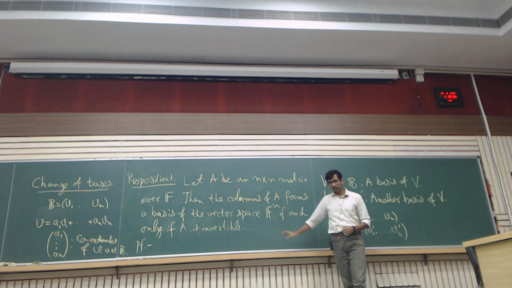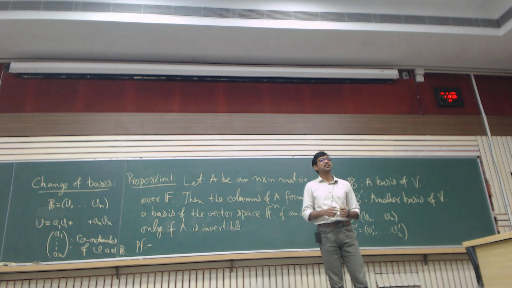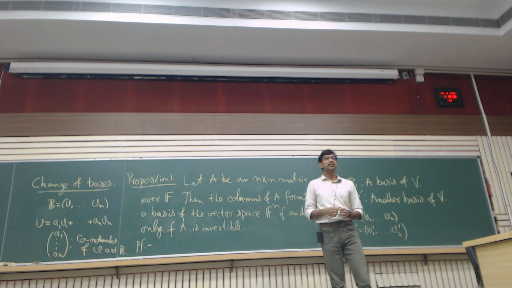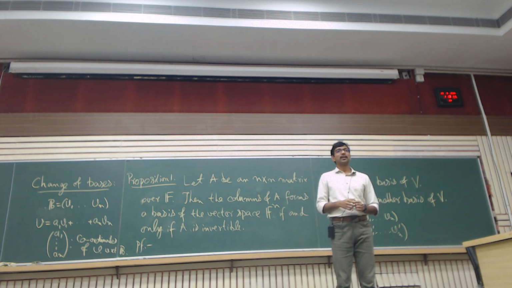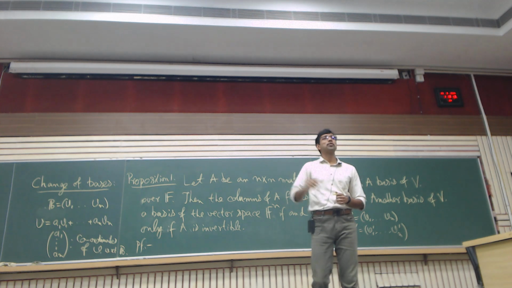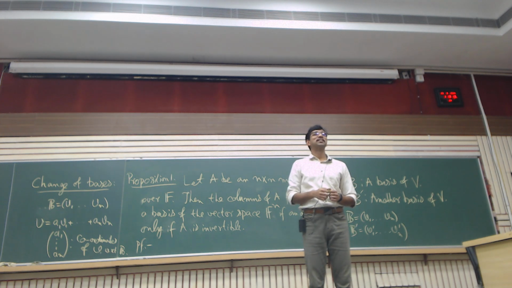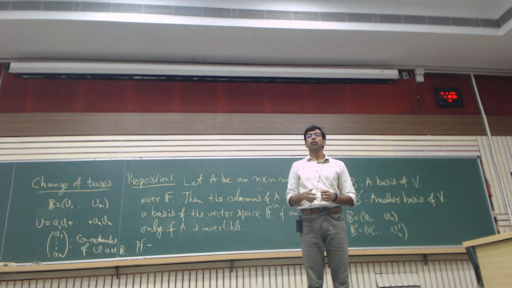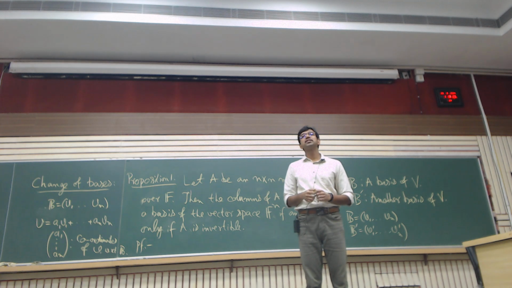A diagonal matrix. Any particular diagonal matrix? I could not hear from here. Someone from the back? A bit louder, please. Columns of which matrix is giving you the basis?